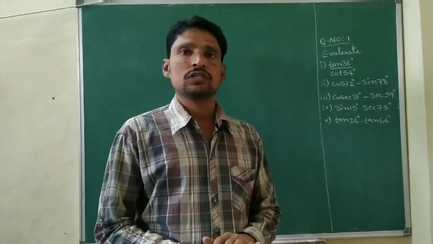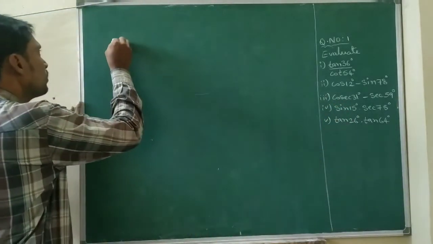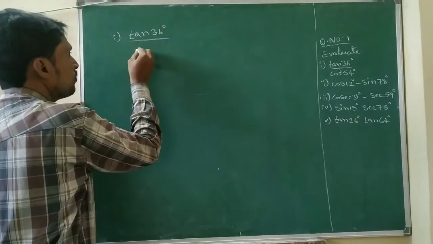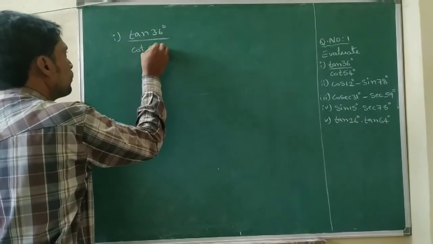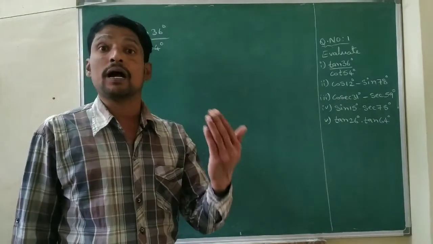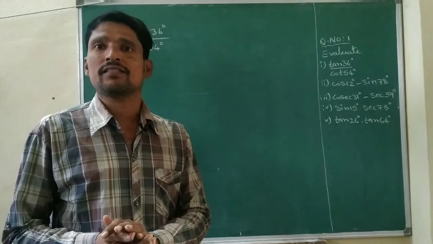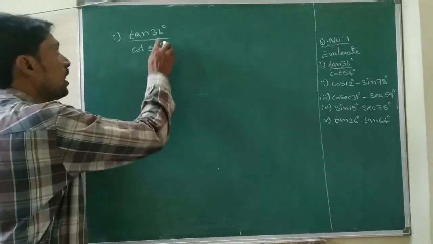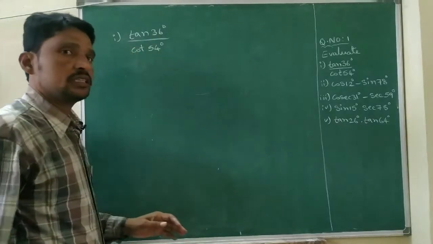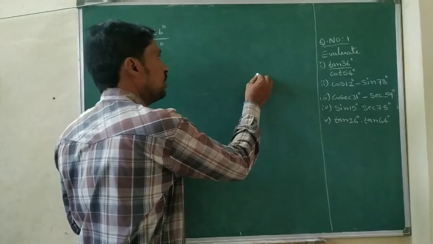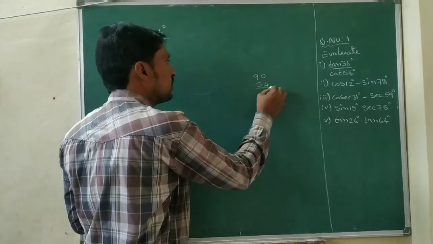Let us see the first question, that is tan 36 degrees by cot 54 degrees. Here, only one angle we need to change to its complementary angle. Complementary means, as you already know, the sum of two angles is 90 degrees. So here I am changing 36: 90 minus 54 is 36.